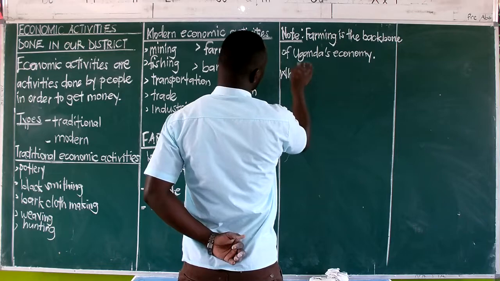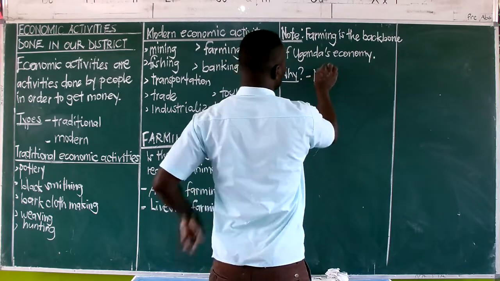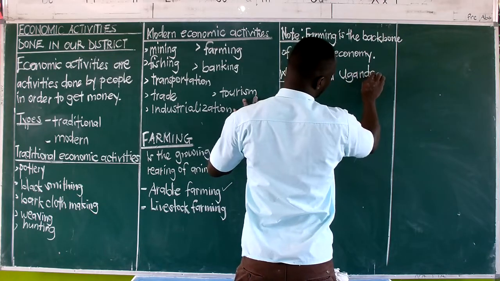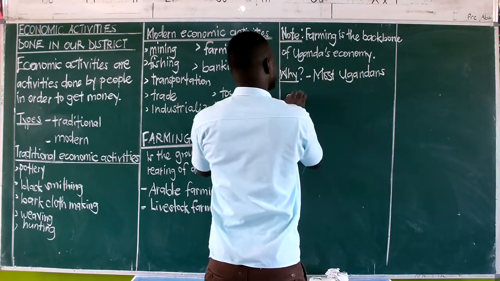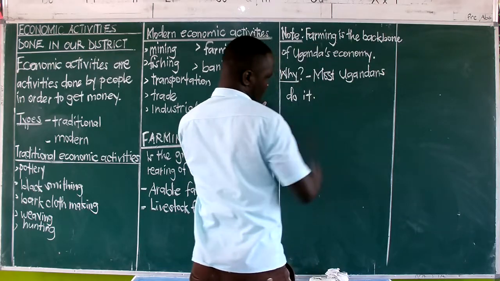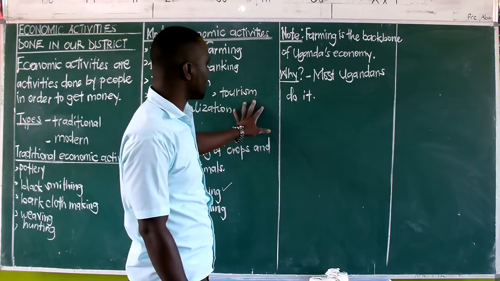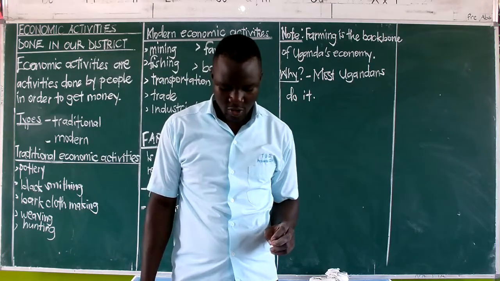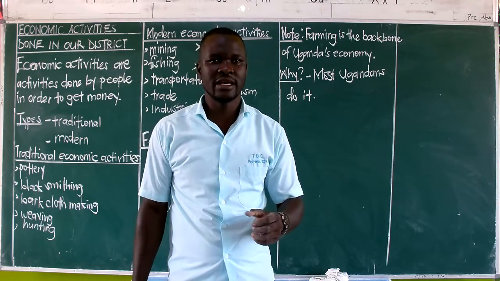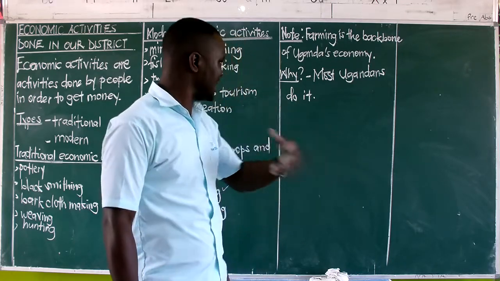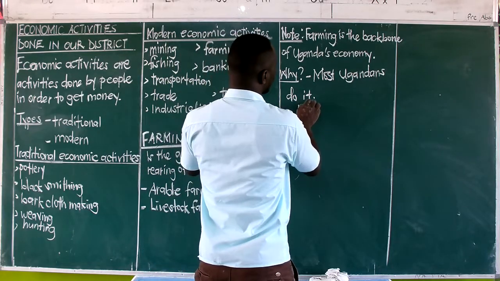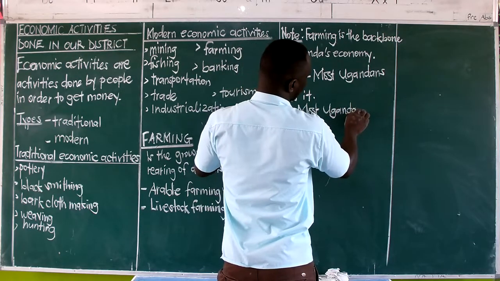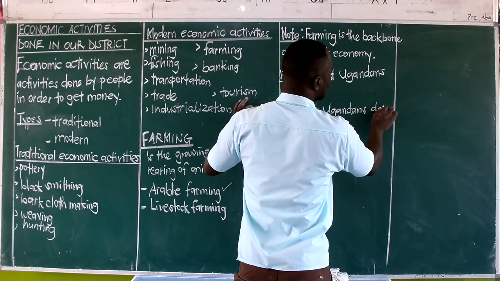Why? We are saying the reason is most Ugandans practice it, or we can simply say most Ugandans do it. That is the reason why farming is considered as the backbone of Uganda's economy. Or you can simply say most Ugandans depend on farming.